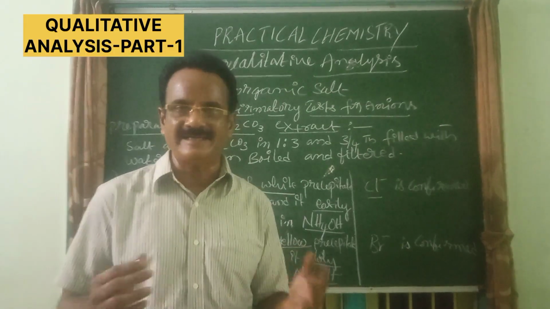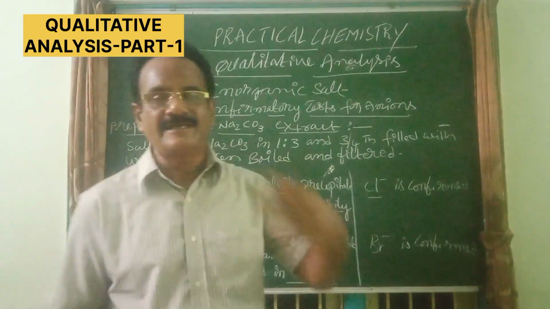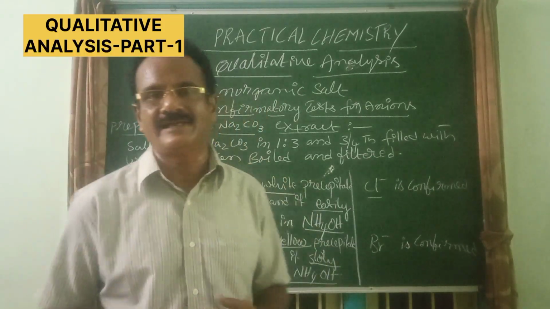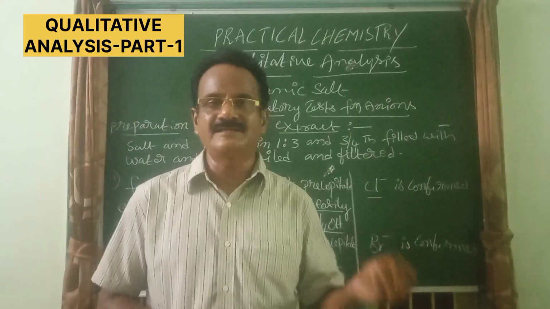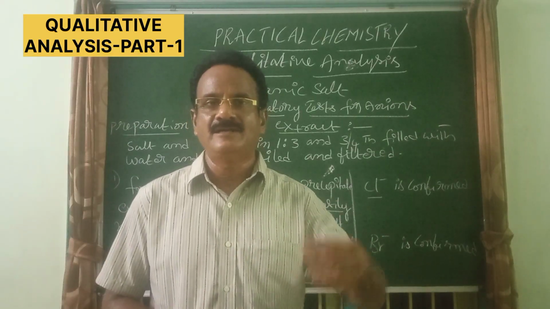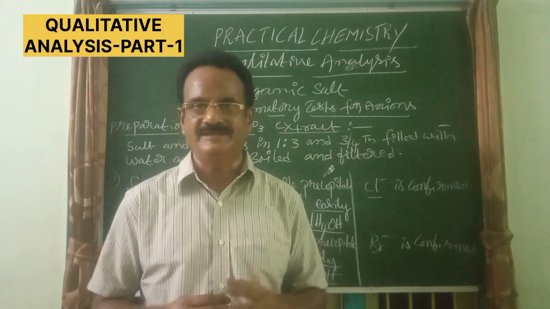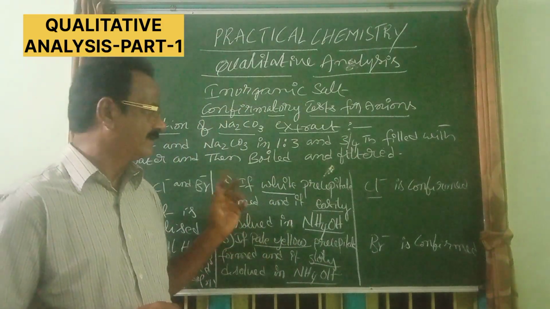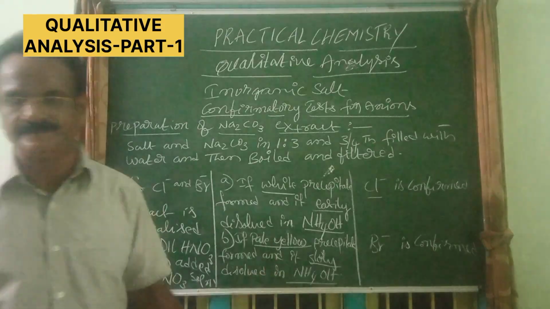Usually at UG level and intermediate level, I minus is not in the syllabus. If I minus is there, the confirmatory test is a yellow precipitate that doesn't dissolve in NH4OH. This is the confirmatory test for Cl minus and Br minus.